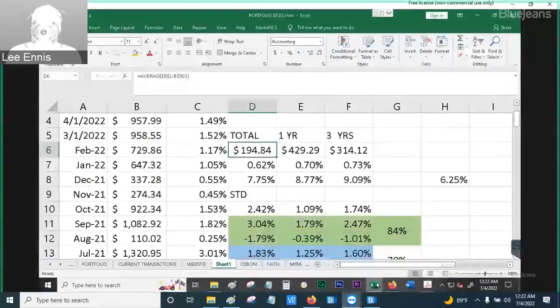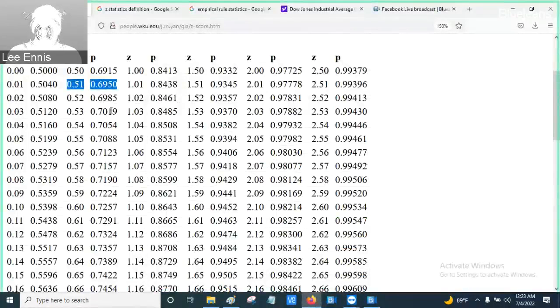What the empirical rule says is that one standard deviation is 70%, but that's just a roundabout figure. It is pretty much made up, because technically, once you get past 0.5, you can round that up to 1. So you could say 1Z, one standard deviation, is 70% accuracy.